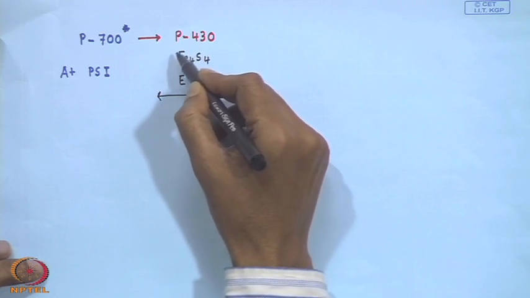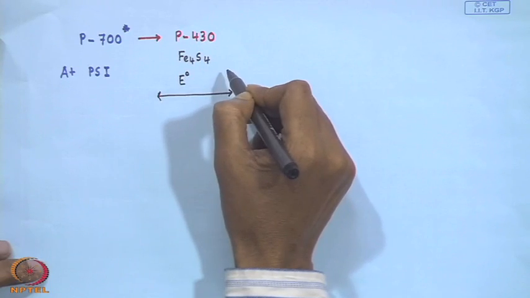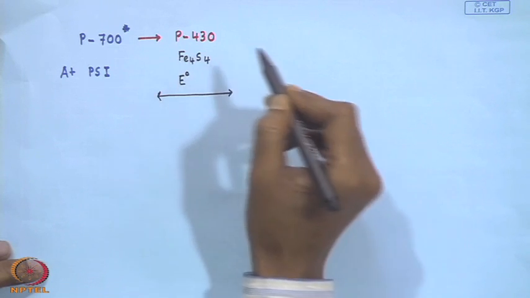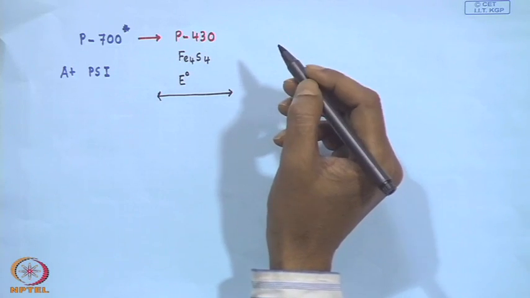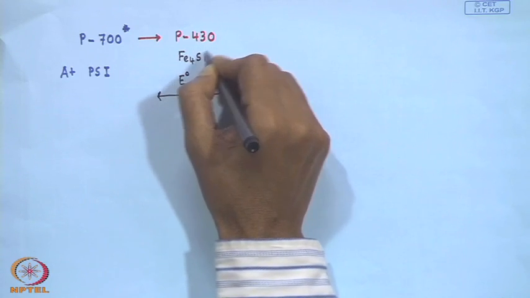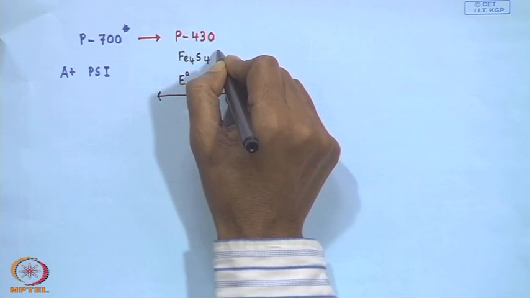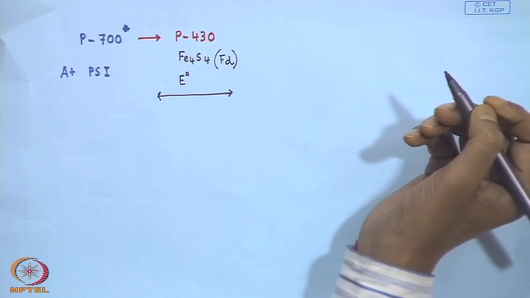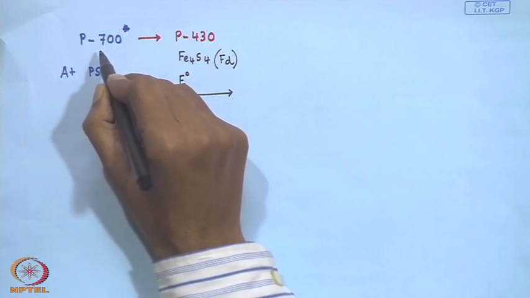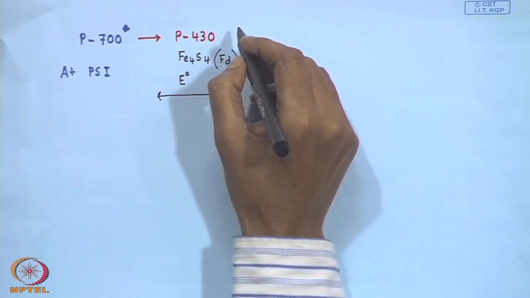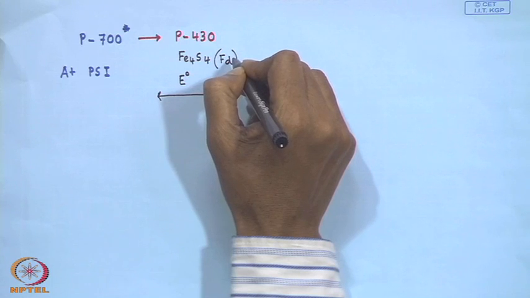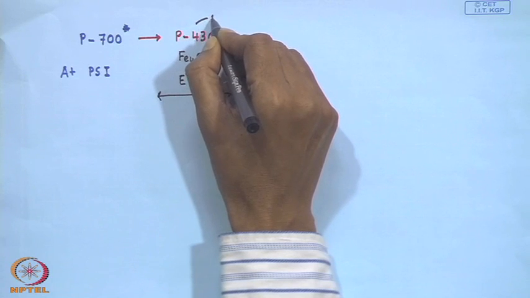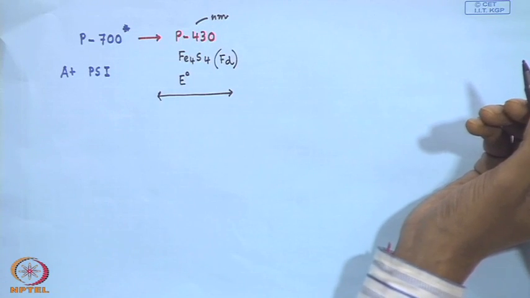So, depending upon your protein environment around these cluster molecules, you can have the oxidized form where iron centers are present in the ferric form, and the reduced form where the iron centers are present in the reduced form. This Fe4S4, our well known ferredoxin molecule, is coupled with that P700 starred one, and this particular level is its corresponding electronic absorption.